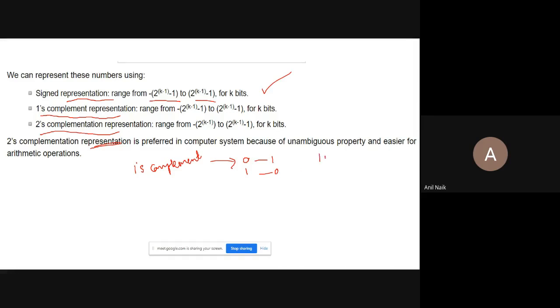For example, this is the data. What is the one's complement for this? What is the one's complement of a number? 1 is converted to 0, and 0 is converted to 1.